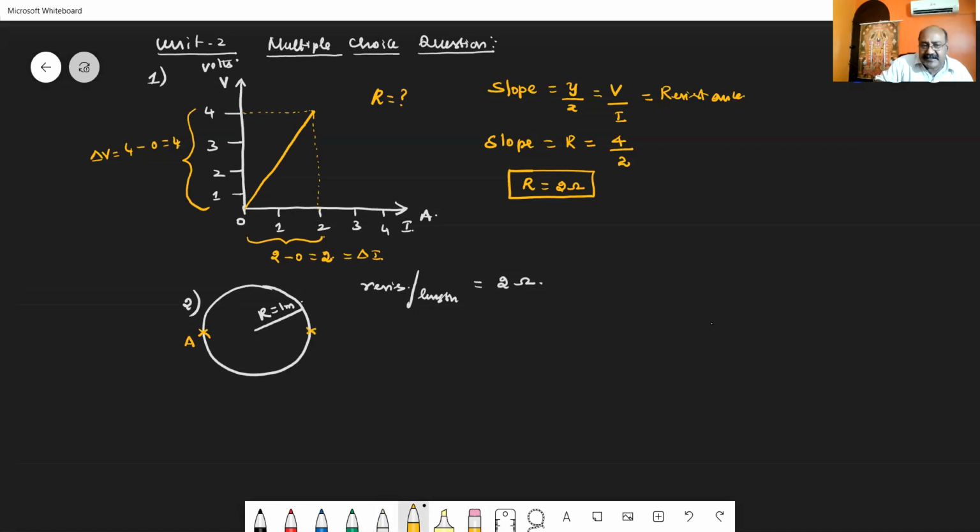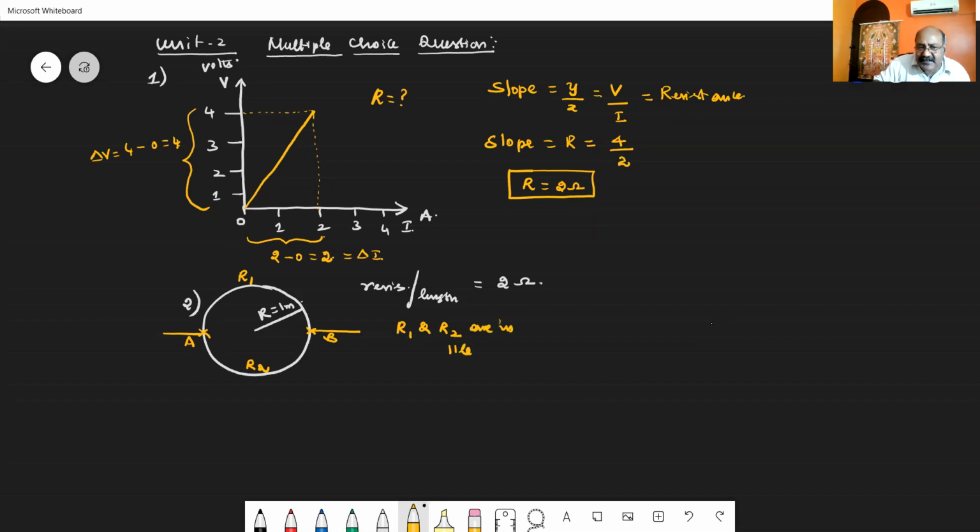One of the points is A, another point is B. Across these 2 points, you have to calculate the equivalent resistance. If you consider the 2 points, the upper part acts like one resistance. Let us take it as R1. And the lower part acts like another resistance, taken to be R2. Here, the upper part R1 and the lower part R2 are in parallel.